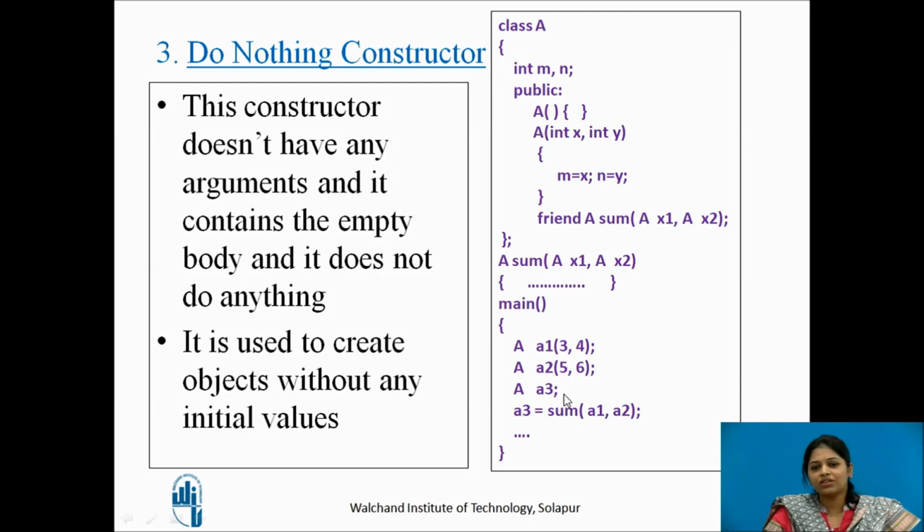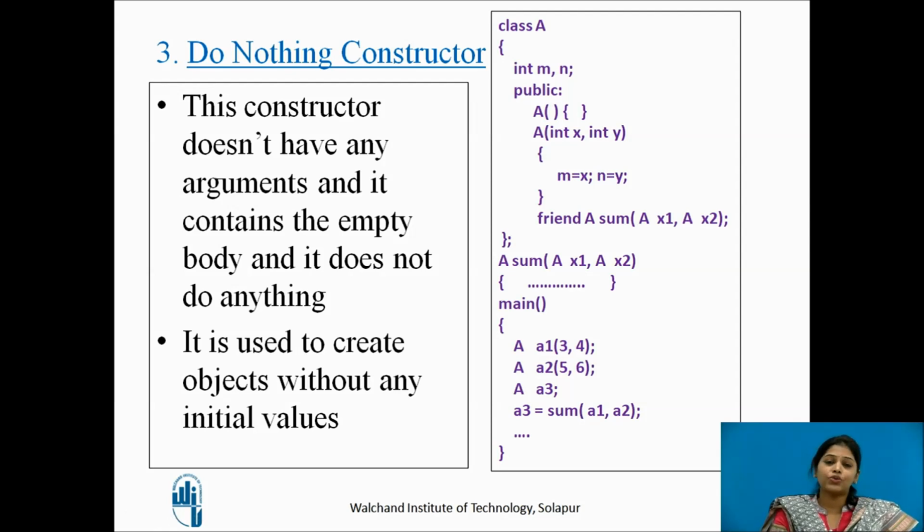For both A1 and A2, the parameterized constructors are invoked. But when the object A3 is created, the do-nothing constructor is invoked. As you can see, when a do-nothing constructor is invoked, there is no initialization.